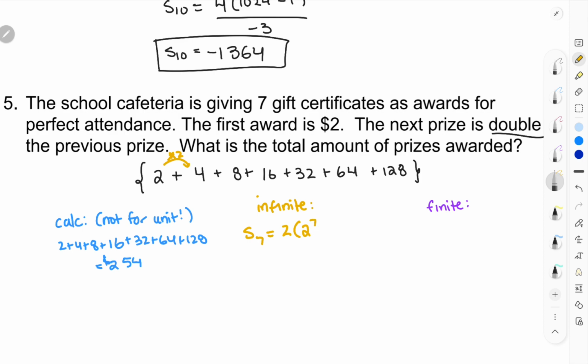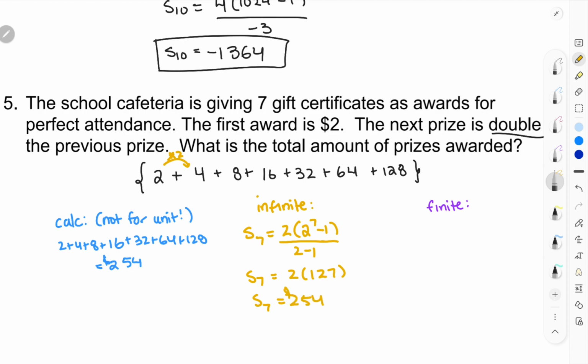There's 7 terms, minus 1, over 2 minus 1, which is just going to be 1. 2 to the power of 7 is 128. I multiply by 127, which is 254.